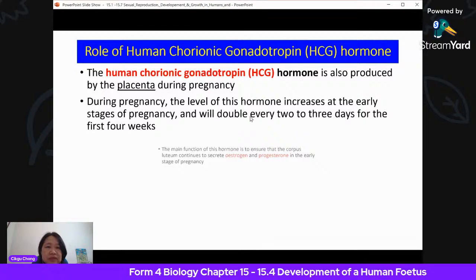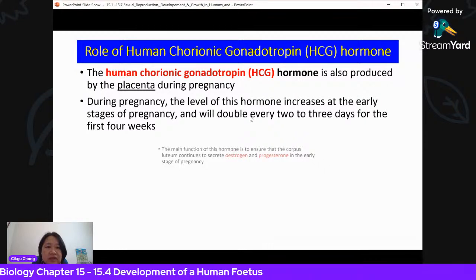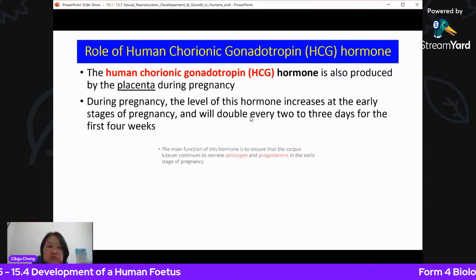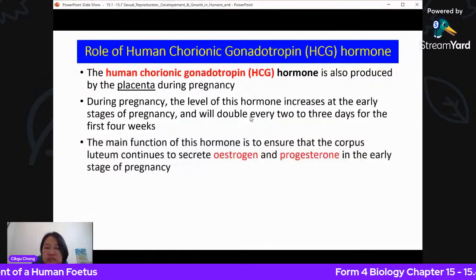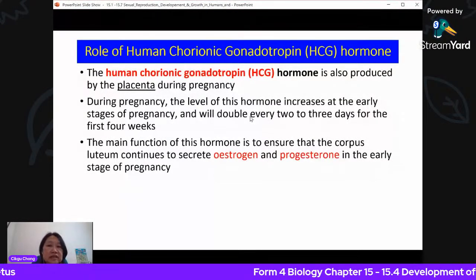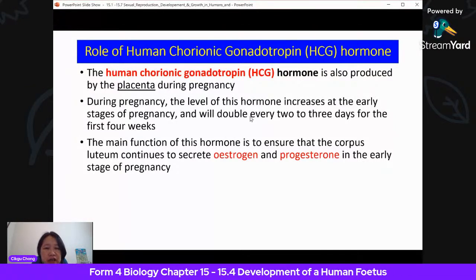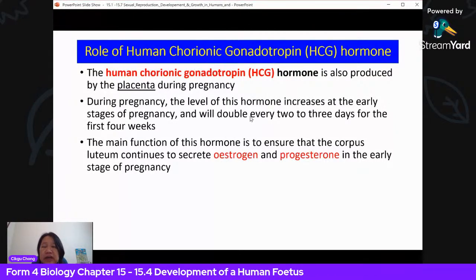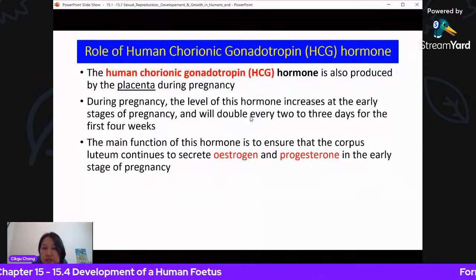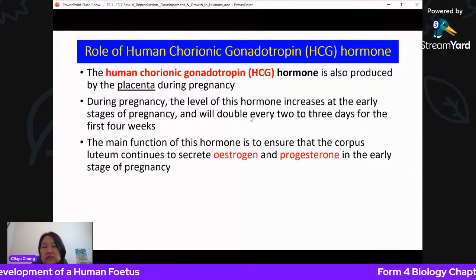The main function of this hormone is to ensure that the corpus luteum continues to secrete estrogen and progesterone. These are two very important hormones, like I mentioned in my previous lesson, last week's class. A woman who's pregnant should have high amounts of progesterone and estrogen, especially progesterone. It maintains the thickness of the endometrium lining.